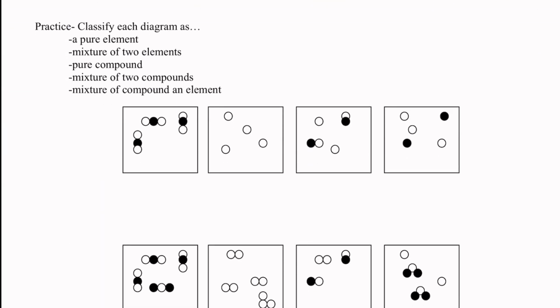Okay. Now, in these practice problems, we want to classify it as a pure element. A pure element has one particle type. And, for example, it might just be a circle, okay? A mixture of two elements might be two circles of different types.